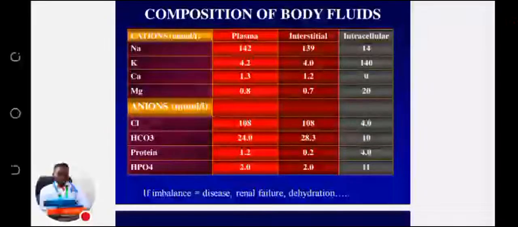And in the intracellular matrix, about 10 millimole per liter. Then proteins, we have 1.2 millimole per liter in the plasma, 0.2 millimole per liter in the interstitial, and 4.0 millimole per liter in the intracellular.